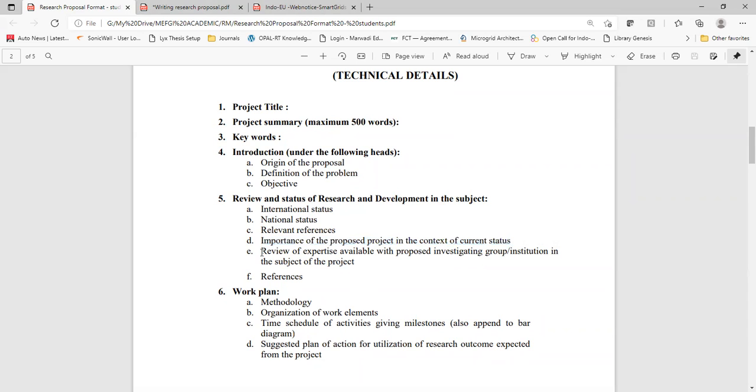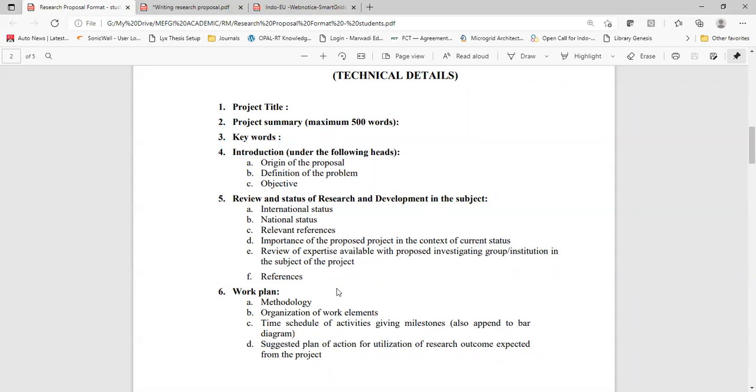Okay. Review of expertise available with the proposed investigative group in institution. You can mention about the expertise available in our institution. Okay. For example, what is the expertise of our institution? So we are good at, let us say, power quality. We are good at renewable energy.